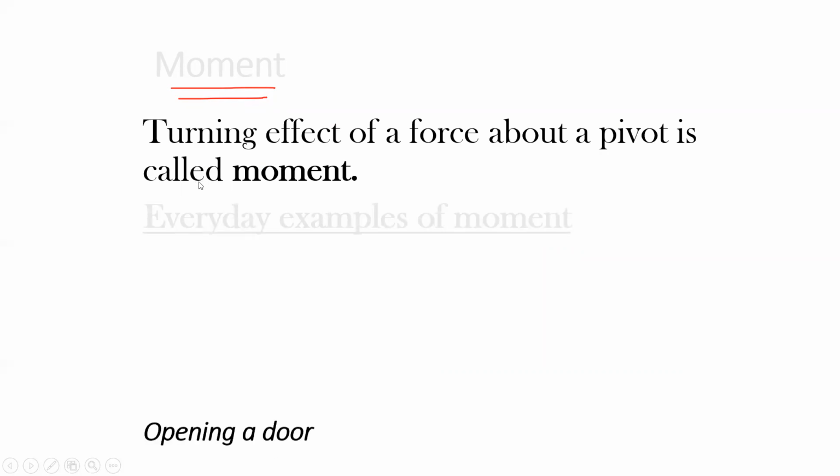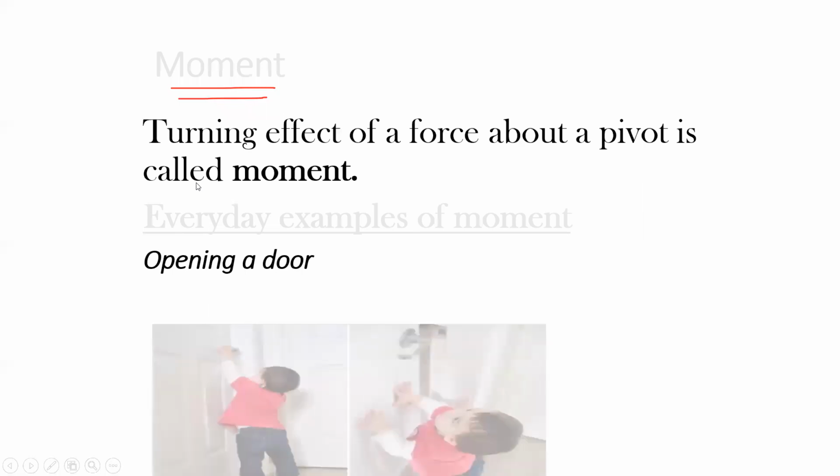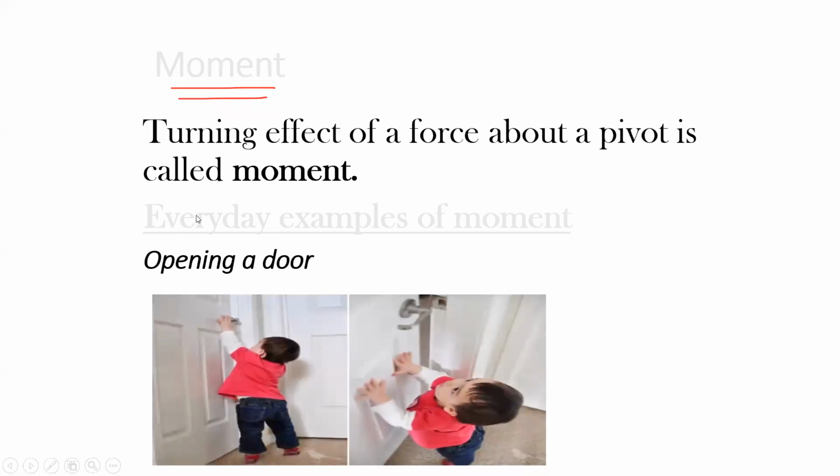Everyday examples of a moment, for example, opening a door. When you are opening or closing a door, the door rotates about a fixed point. As you can see in the picture, a child is opening the door. At one point the door is fixed, and the child is applying a force.